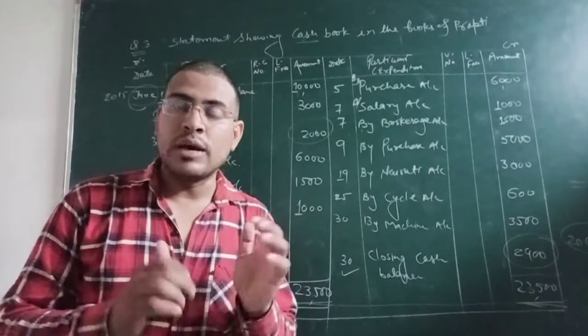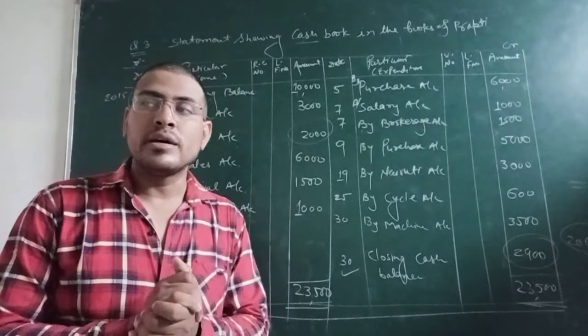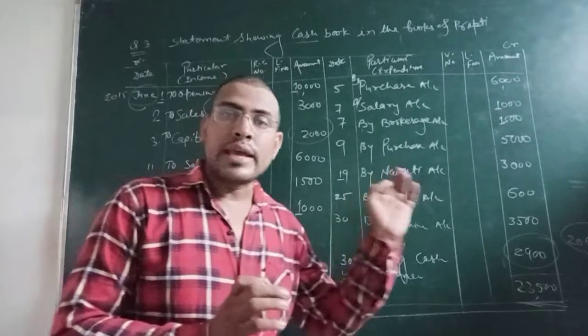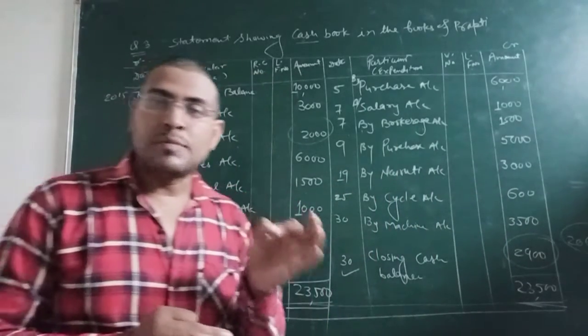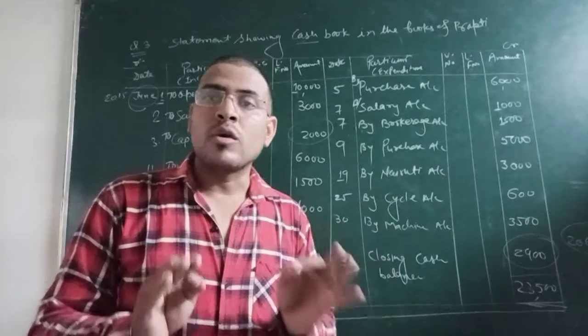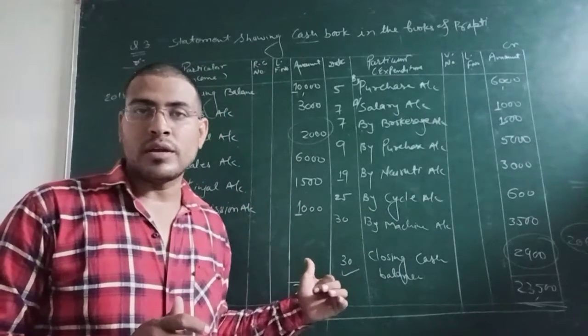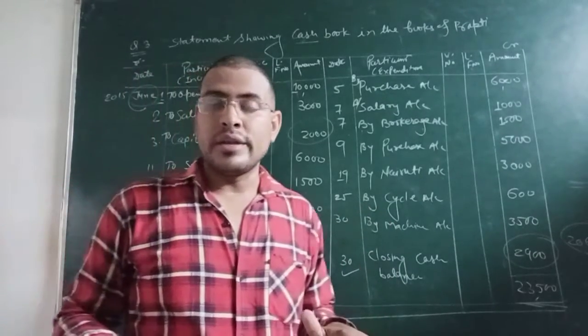Simple funda that you have to fit in your mind, that is only cash transactions, whether they are income of business, whether they are expenditure of business, they are only to be recorded over here, except that no entry.